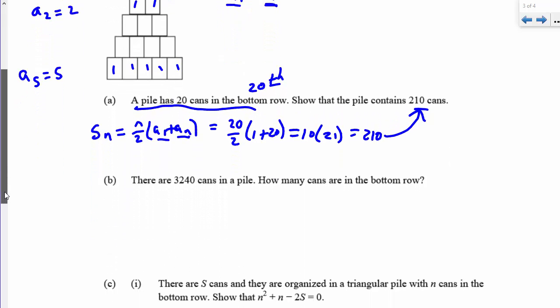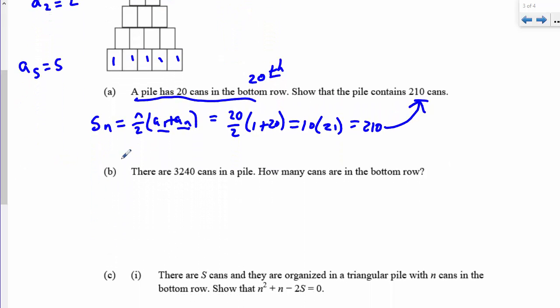All right. There are 3,240 cans in a pile. So what they're giving me here is the sum of all the cans, and they want to know how many cans are in the bottom row. That also means I have to figure out how many rows there are, if you want to think about it that way. So I'm going to use this formula again, but I'm going to substitute this number for the sum.